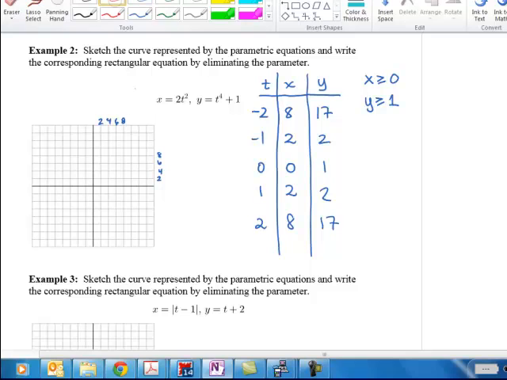It'll be up here. 8, 17, 2, 2 is going to be here. 1, 0, 1 is going to be here. Try to draw that more carefully.